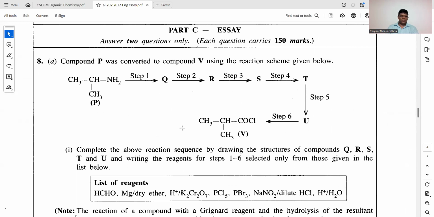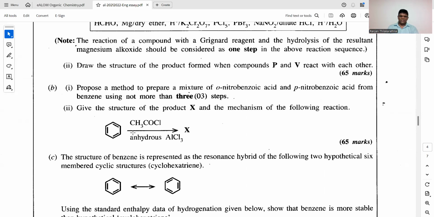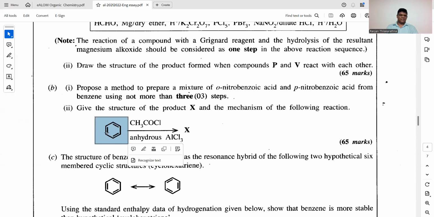This is an organic chemistry question. In this question, at least you have this ring, right? The benzene ring. We have different structures for benzene. This is one way of writing the benzene ring. And if you go through the MCQ paper, you can see there are plenty of benzene rings.